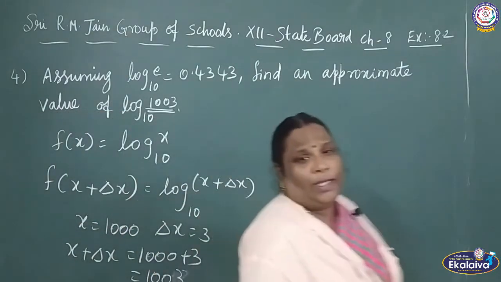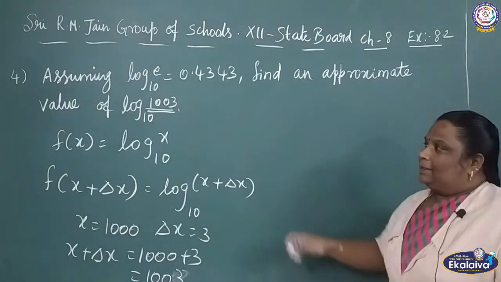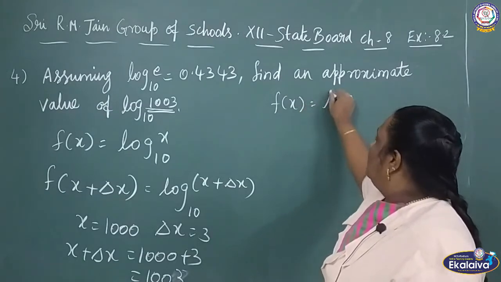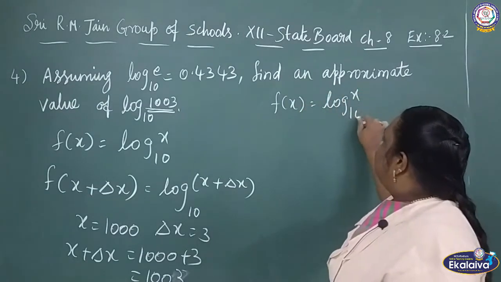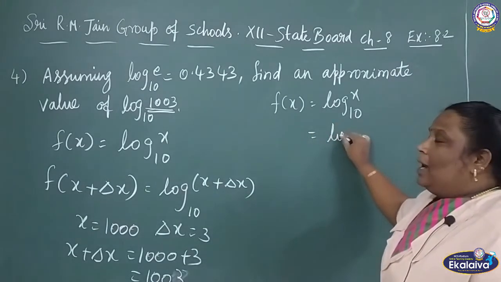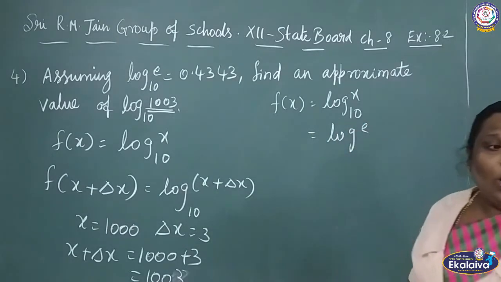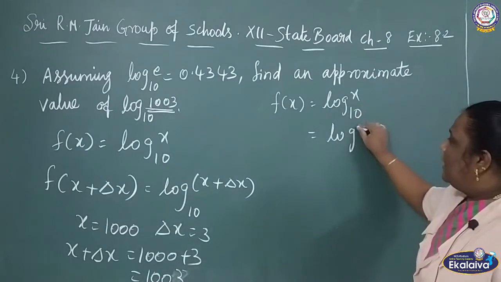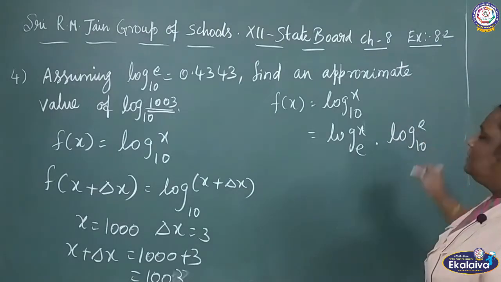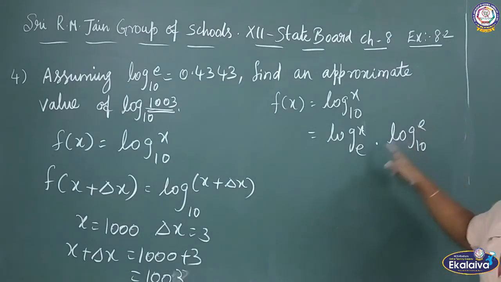So that f of x equal to log x base 10, that you will write as log x base e into log e base 10, according to the base rule. Now you move on to the f dash of x.